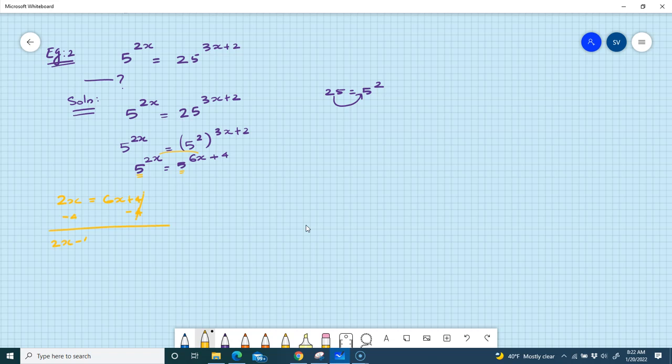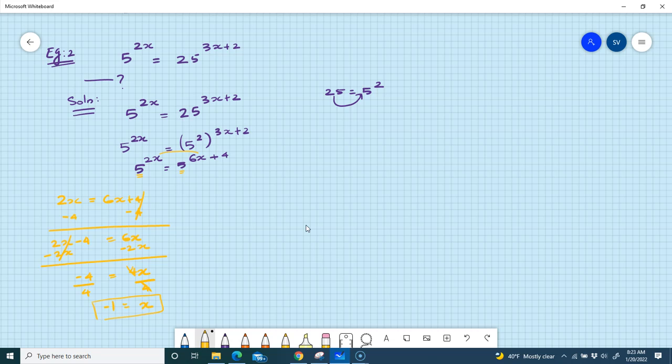So 2x minus 4 equal to 6x, eliminate 2x on both sides, cancelled out. So minus 4 equal to 6x minus 2x is 4x, eliminate 4 on both sides, because we are trying to isolate x. That is what I'm doing with all these operations. So x is equal to 4 by 4 is 1, but it is negative, so x is equal to minus 1. This is actually the solution of the given equation.